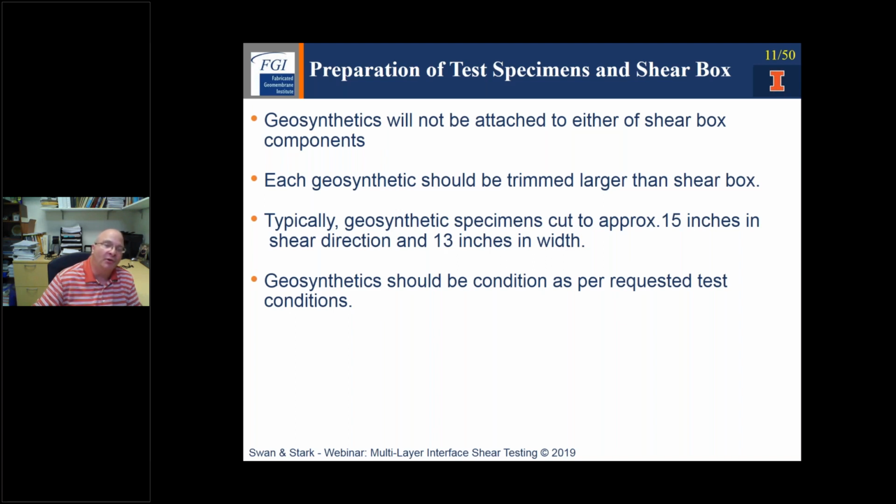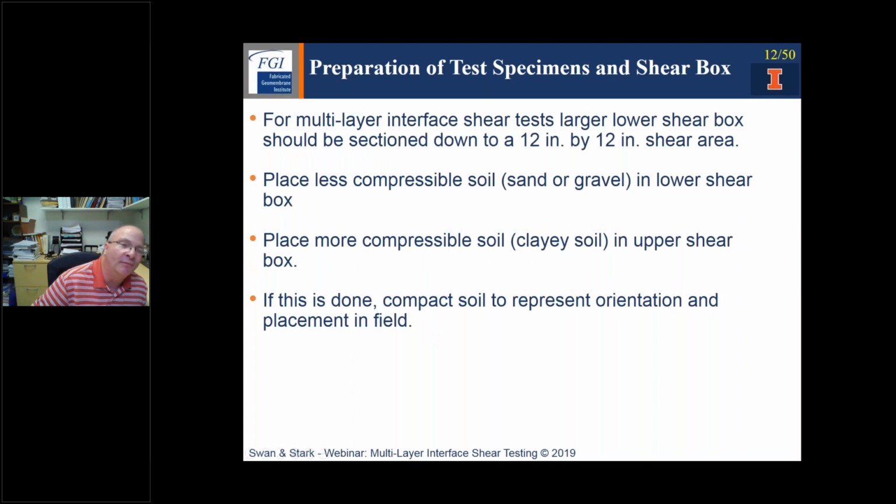In that way, we're really trying to maintain that constant area of 12 inches by 12 inches. And then the last part, the geosynthetic should be conditioned as per the specification. So if that requires the wetting or some other conditioning to the geosynthetics, that should be done as you're building the sample.